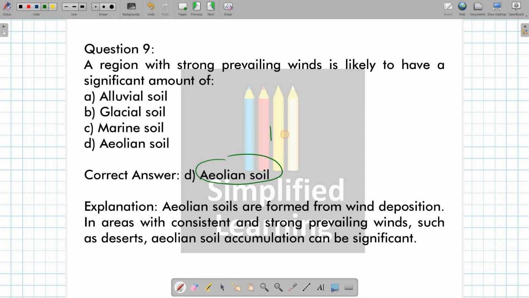Whenever we are making the reference of wind or air, it is going to be aeolian soil. See, the explanation is aeolian soils are formed from wind deposition in areas with consistent and strong prevailing winds, such as deserts and coastal areas. Aeolian soil accumulation can be significant.